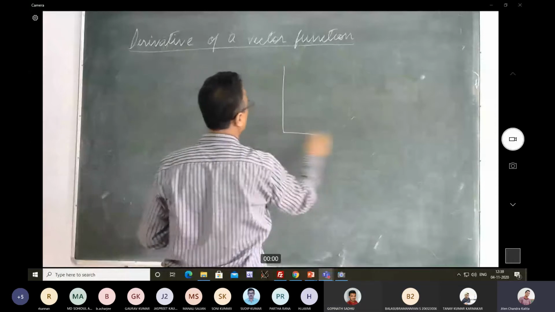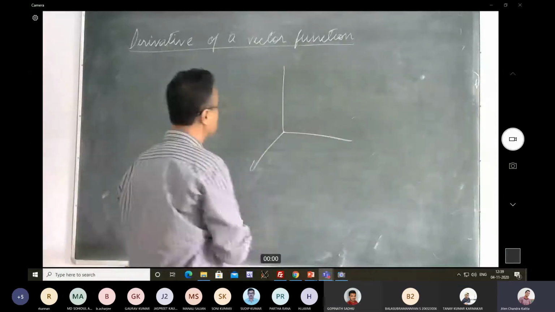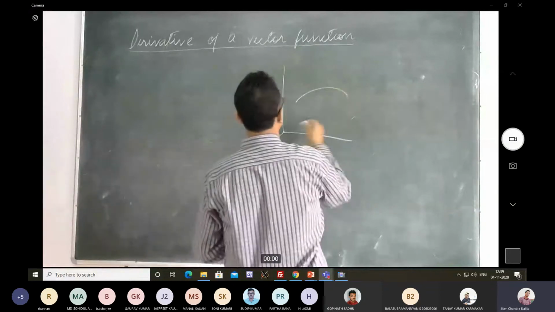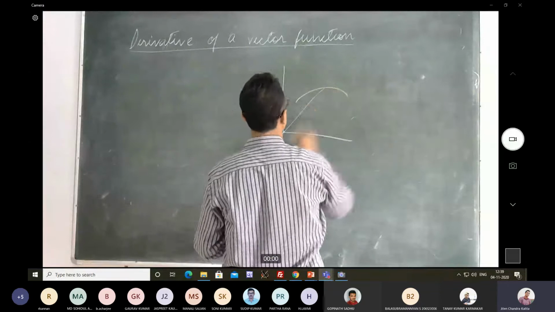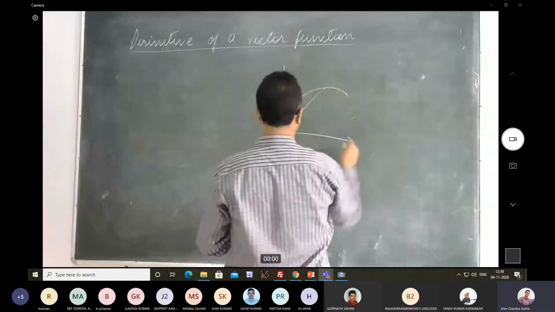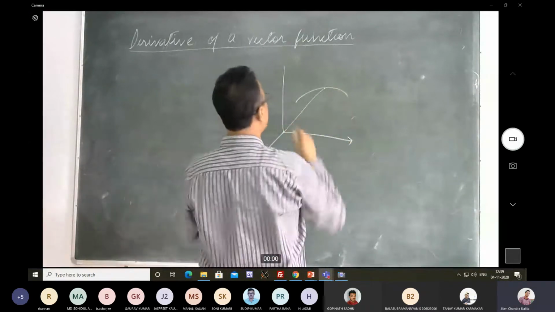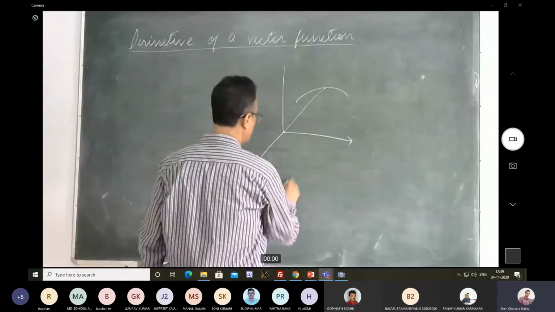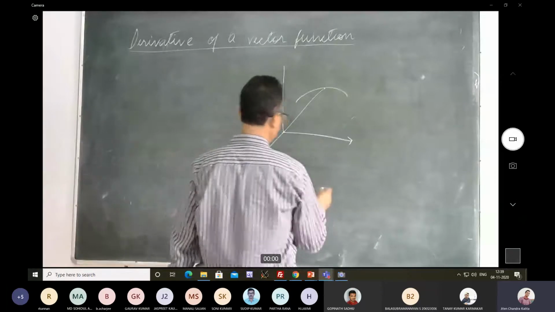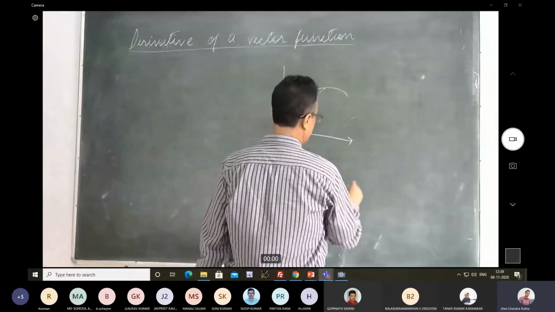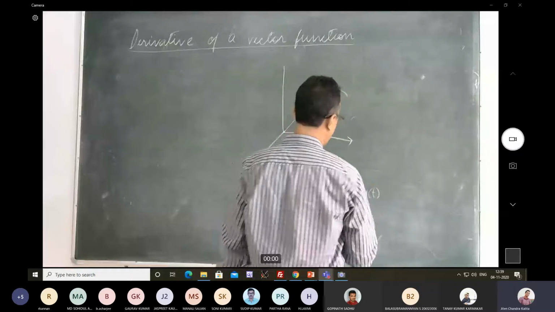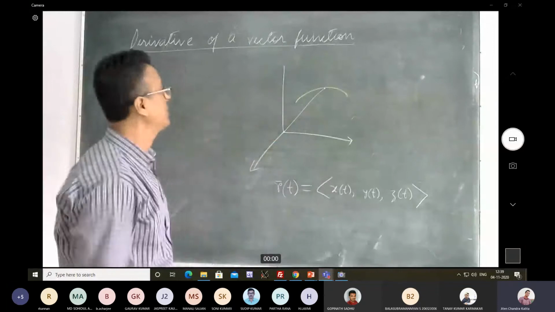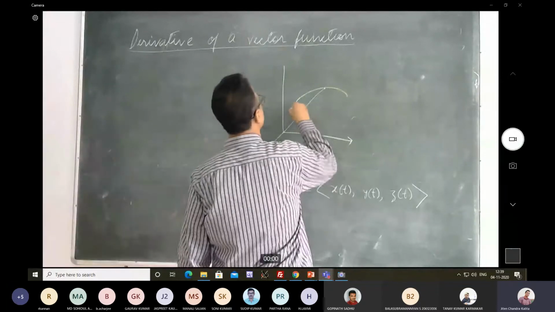Suppose I have a space curve like this, and suppose the parametric representation of this space curve is simply given by r(t) equal to x(t) i, y(t) j, and z(t) k. Say this is r.